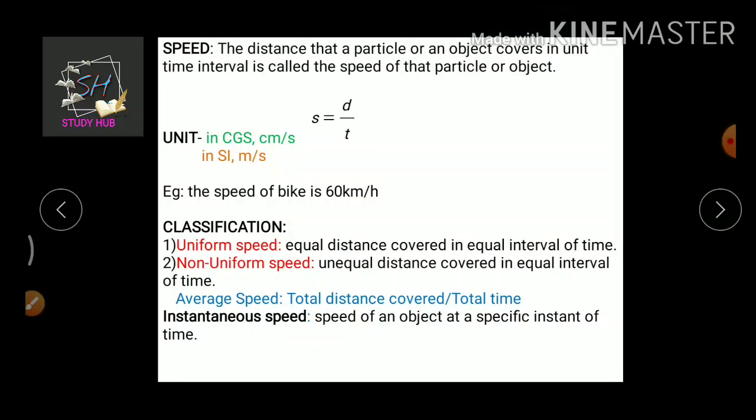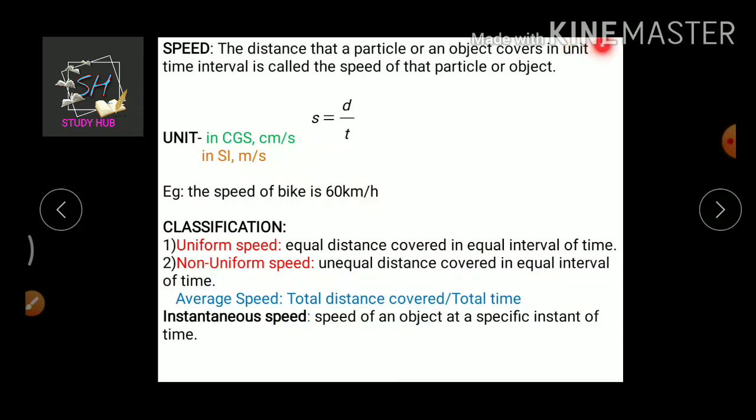As you can see, there is a definition of speed. It is saying that the distance that a particle or an object covers in unit time interval is called the speed of that particle or object. That means, suppose a bike is covering 60 km distance in 1 hour.